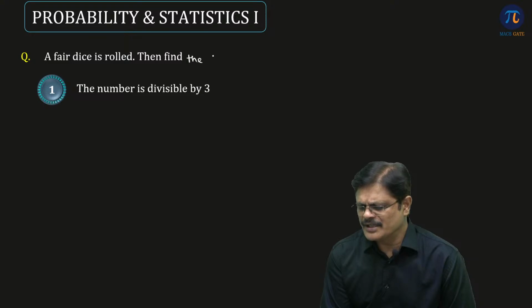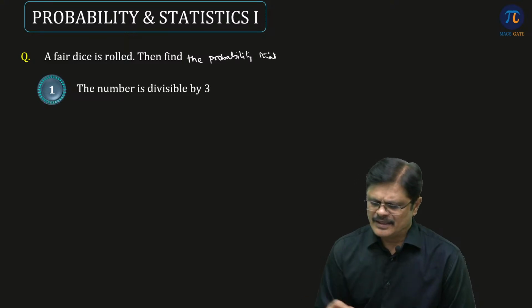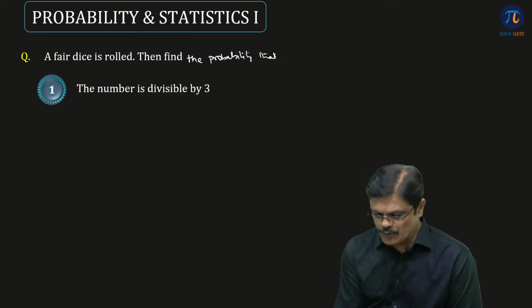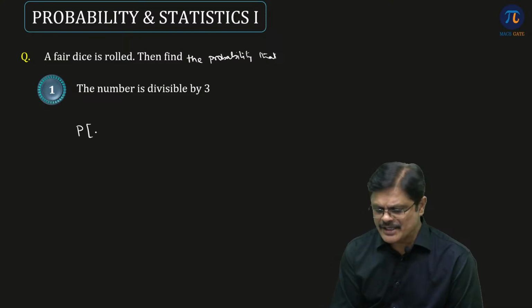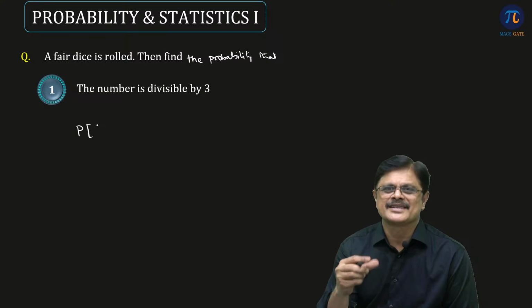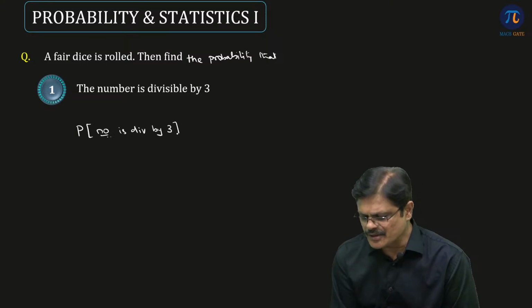Find the probability that the number which is obtained is divisible by 3. So what is the question? What is the probability that when a fair dice is rolled, the number which is on the top of the dice is divisible by 3? This is the question.